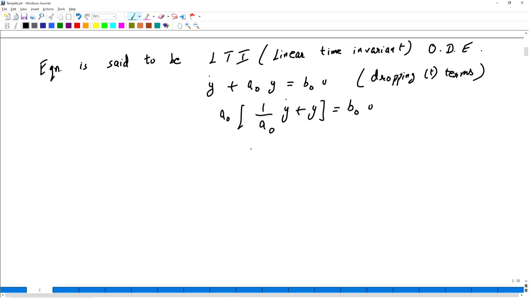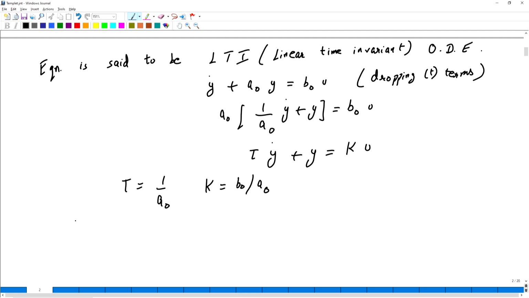I can represent this as some variable tau into y dot plus y equals to some k into u. We'll understand the significance of tau and k in a minute. Here tau is 1 upon a naught and k equals to b naught upon a naught.